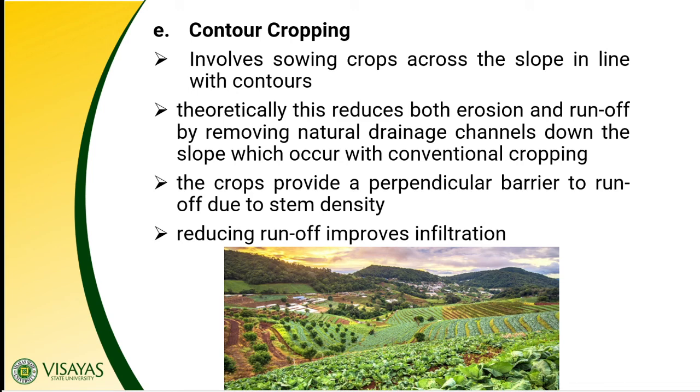And the crops provide a perpendicular barrier to runoff due to stem density, and there's also a reduction of runoff here. And there is an improvement in infiltration of the water.